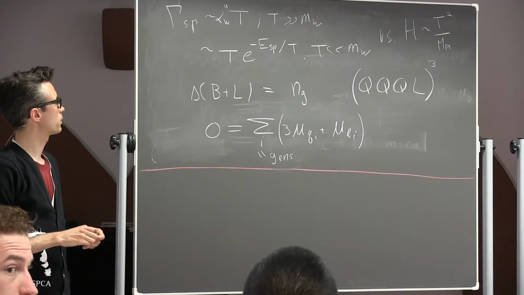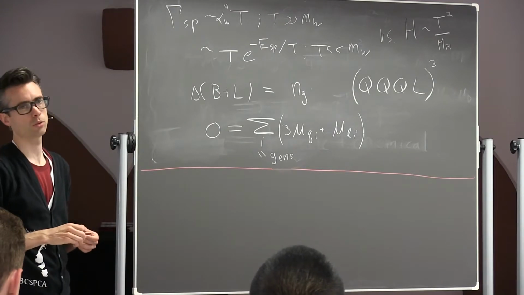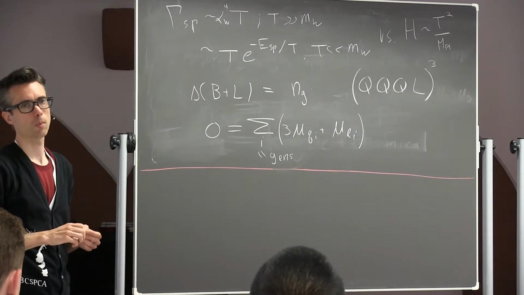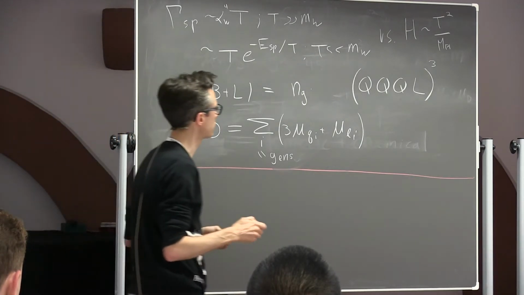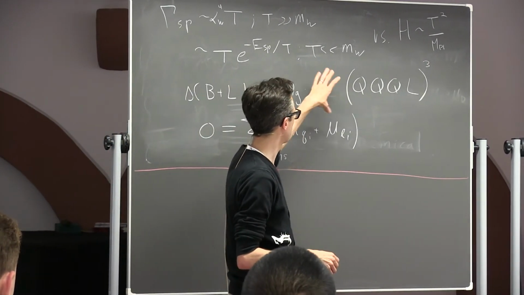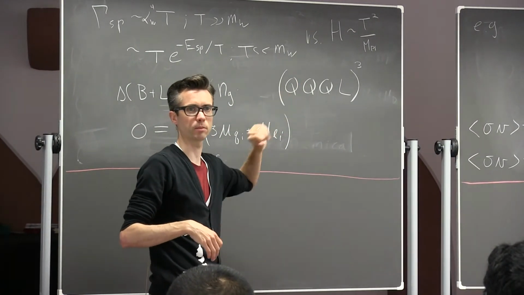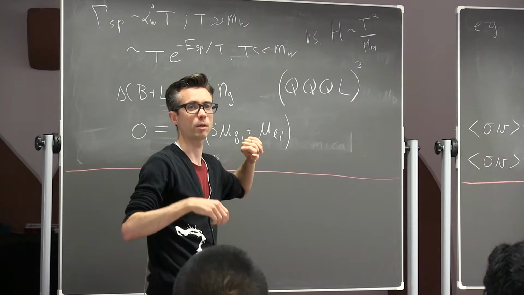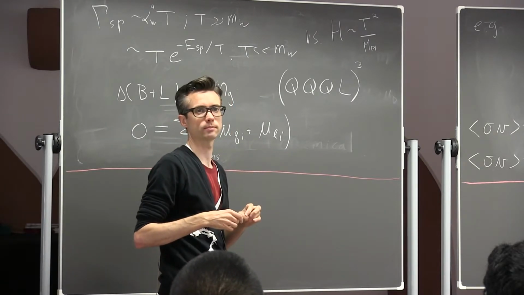Yeah, so at high temperatures, there's not a nice way to write it as an effective operator. At low temperatures, well below the weak scale, you can write it as an effective operator that looks like this, with something like 1 over M_W to however many powers you need to make this dimension 4. It's like 18 or something. And then you also get an exponential suppression.